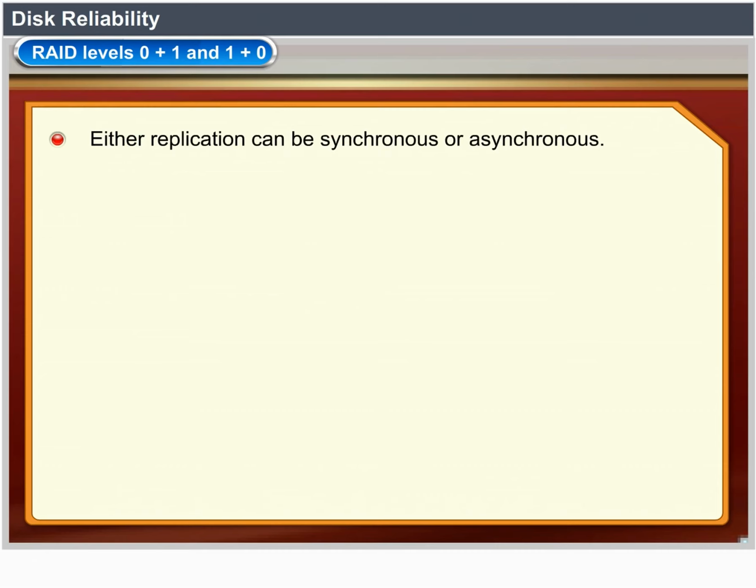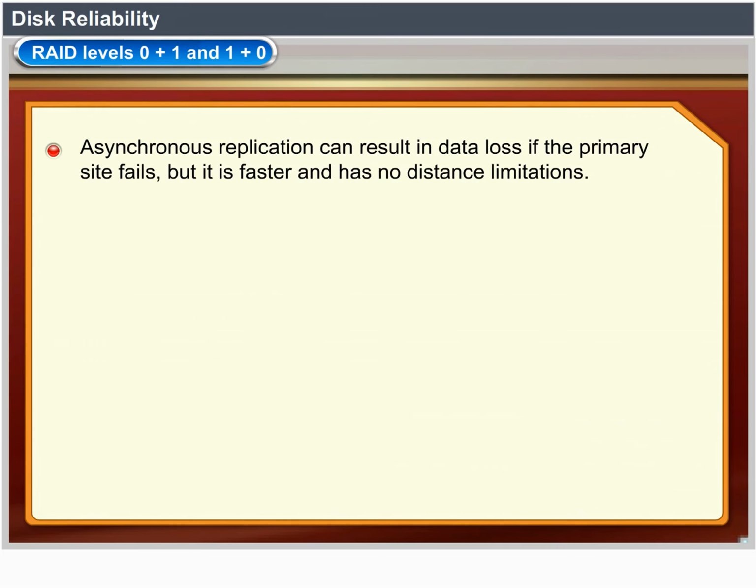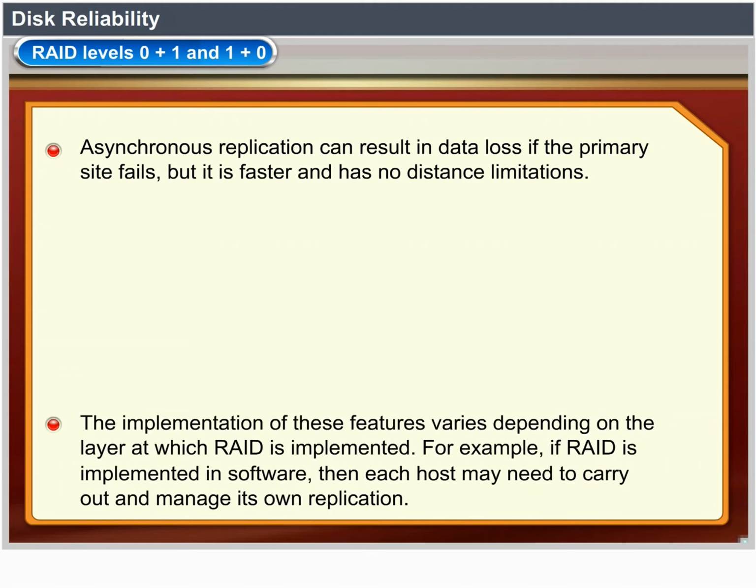In synchronous replication, each block must be written locally and remotely before the write is considered complete, whereas in asynchronous replication, the writes are grouped together and written periodically. Asynchronous replication can result in data loss if the primary site fails, but it is faster and has no distance limitations.